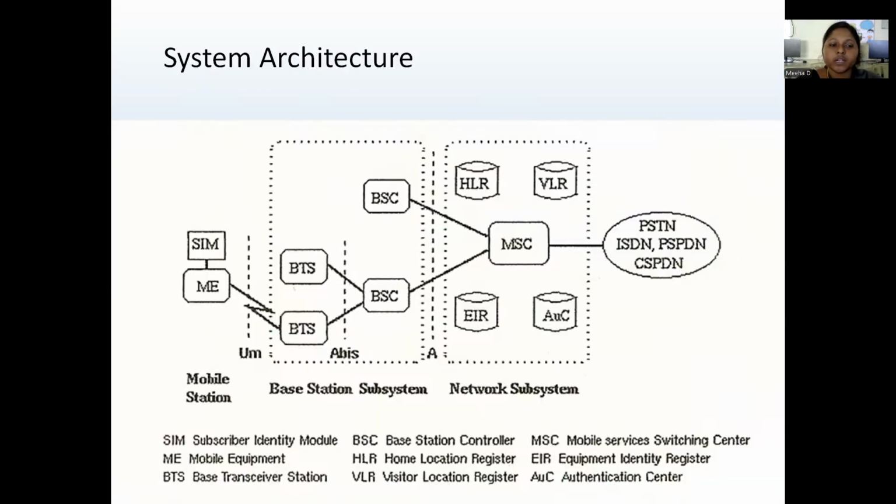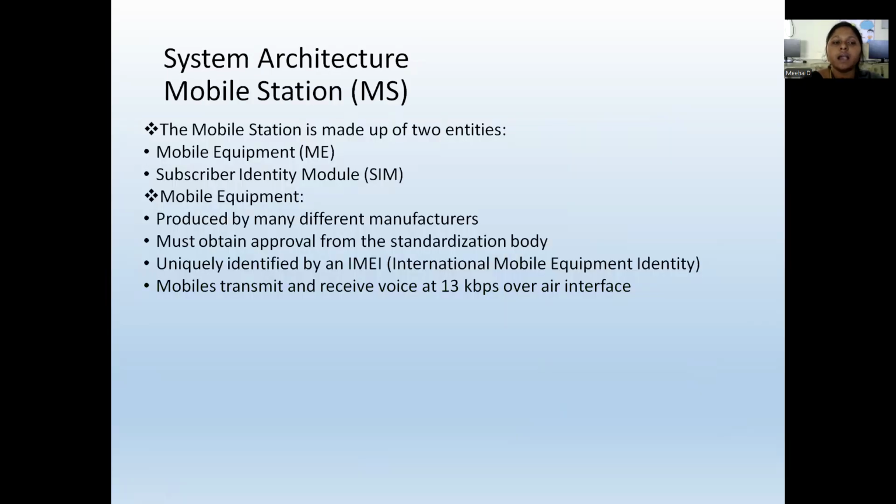So this is the system architecture. It contains three parts. The first part is the mobile station, the second is the base station subsystem, and the third is the network subsystem. The mobile station is nothing but the mobile equipment, and it has two entities: one is the mobile equipment, another is the Subscriber Identity Module.